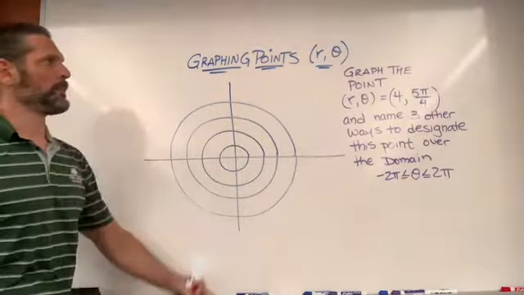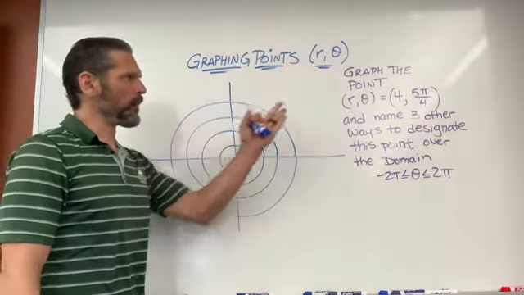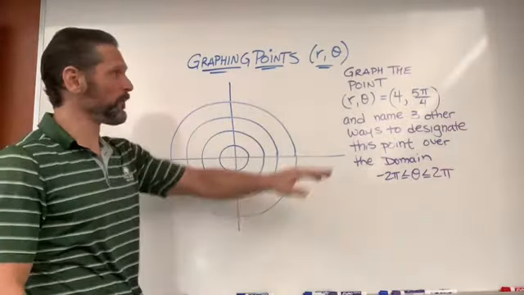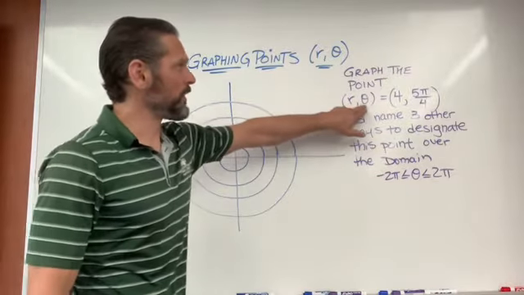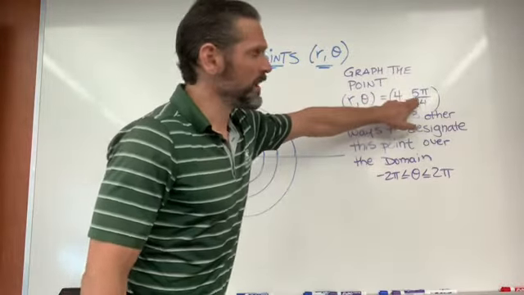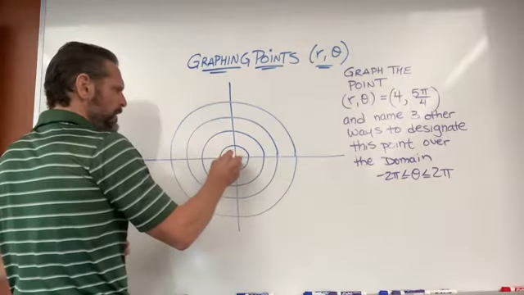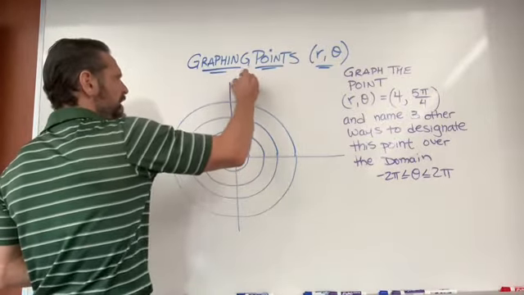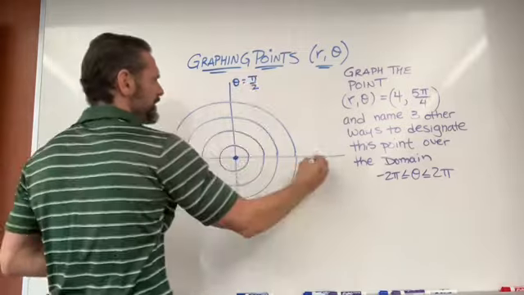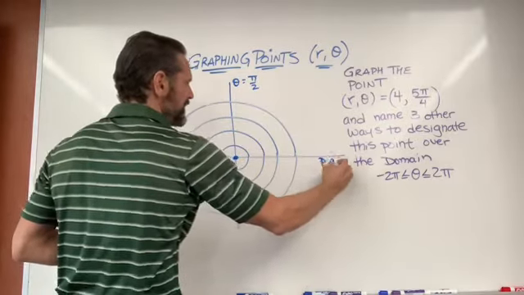Here we've got a problem. Graph the point 4 comma 5 pi over 4. That's in polar form. R and theta are given, directed distance, directed angle. Well, we're 4 away from the pole, which is this 0, 0. We've got the theta equals pi over 2 axis and the polar axis here.